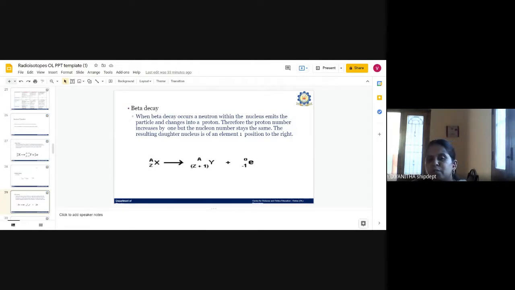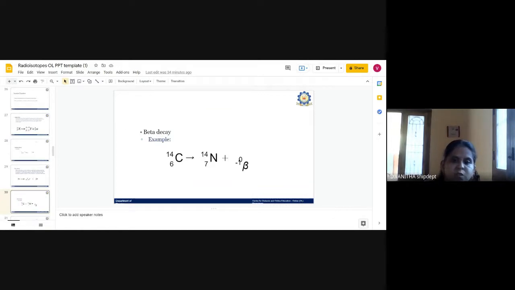So if one beta particle is emitted, the atomic number is increased by 1, and the mass number will be the same.